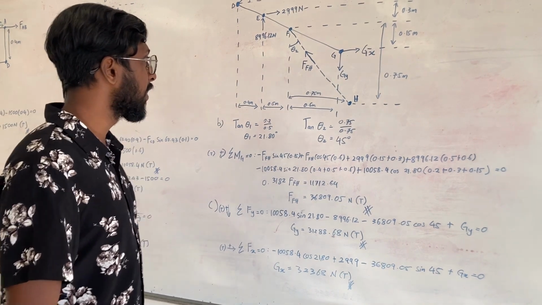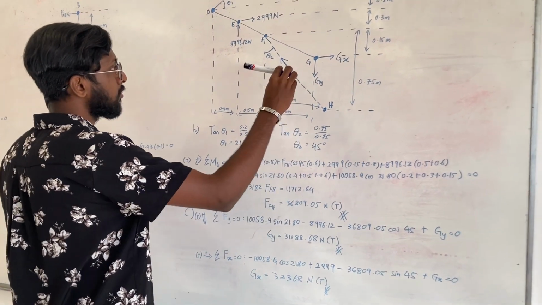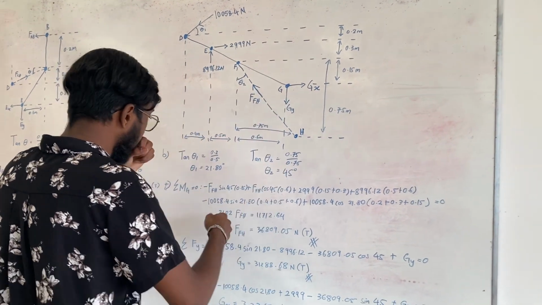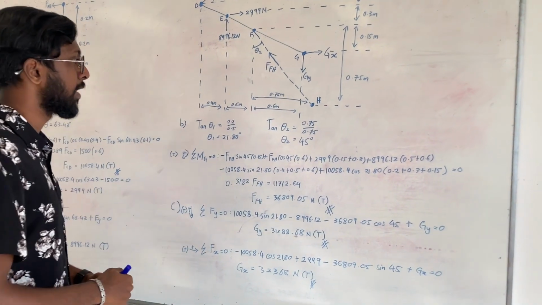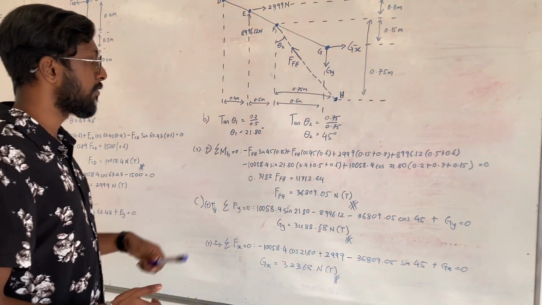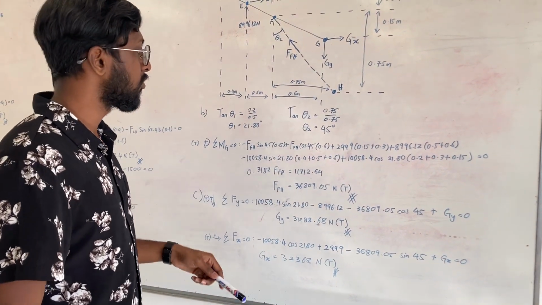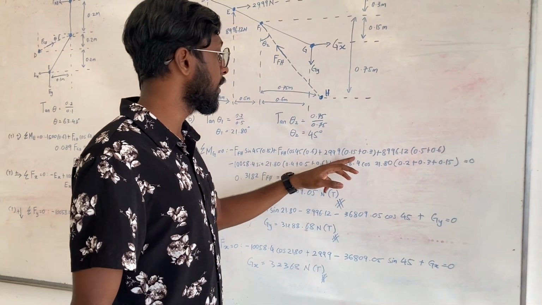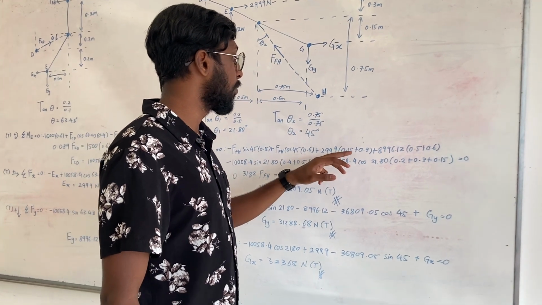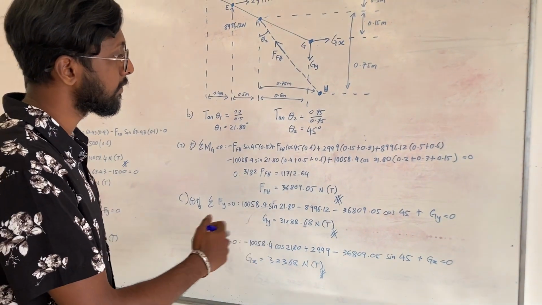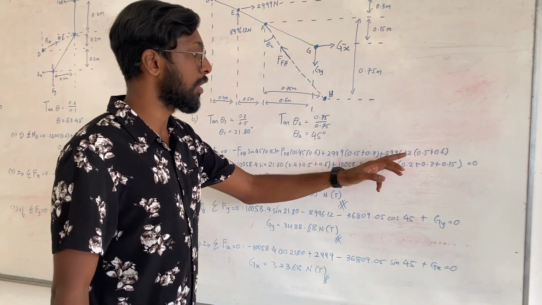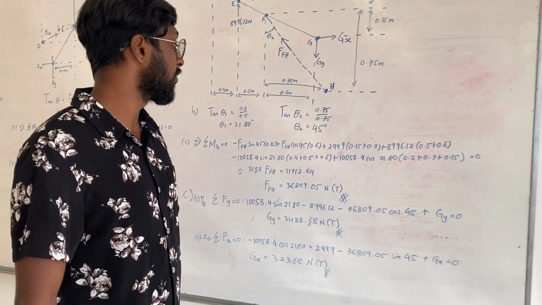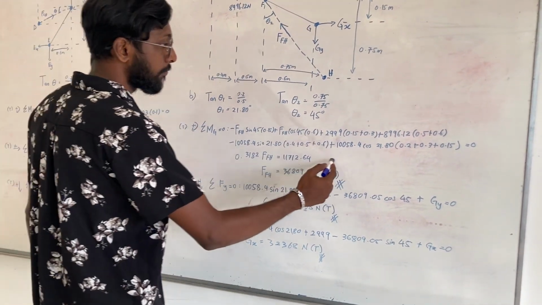So negative FFH, we are going clockwise, but this is going anti-clockwise, sine 45 times the perpendicular distance 0.15, plus force FH cos 45, 0.6, and so on. 2999 times 0.15 plus 0.3, plus 8996.12 times the perpendicular distance 0.5 plus 0.6, and so on.